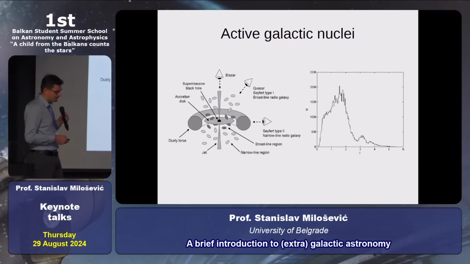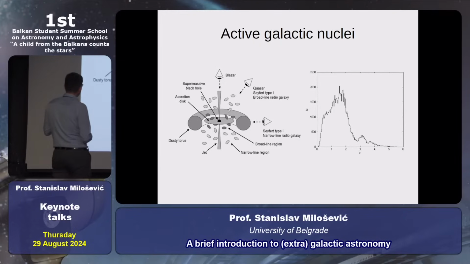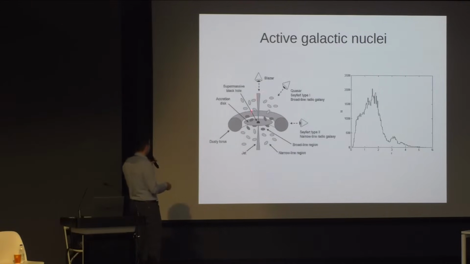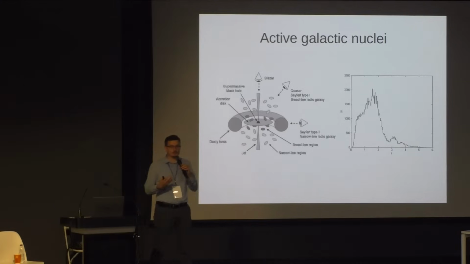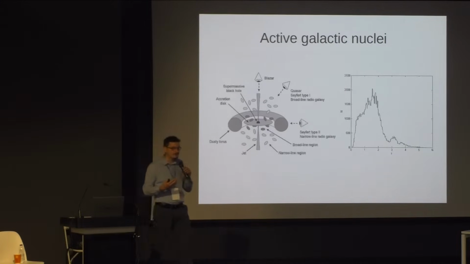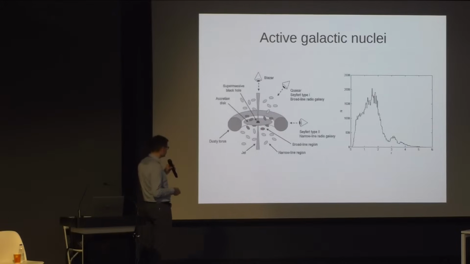And I'll just briefly mention the active galactic nuclei. I suppose you already heard about radio galaxies, blazars, quasars, and so on. We have a unified model for all these galaxies, and the differences between them depend on the angle under which we are observing the galaxy.